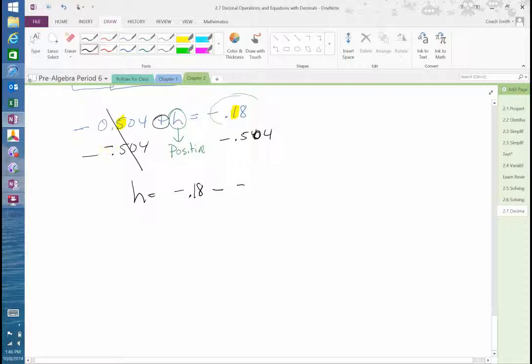That's subtracting a negative 0.504. Now, here's what we must do. h equals negative 0.18. We must change that to addition. Do the opposite of negative 0.504, and that is positive 0.504. You're going to take the absolute value of those two and subtract them. We'll finish it up tomorrow. You may go.